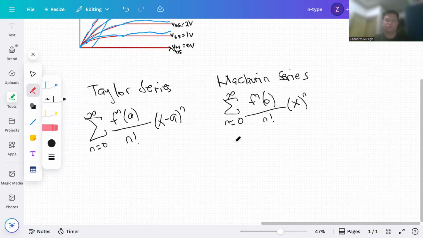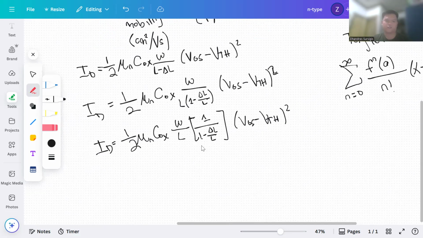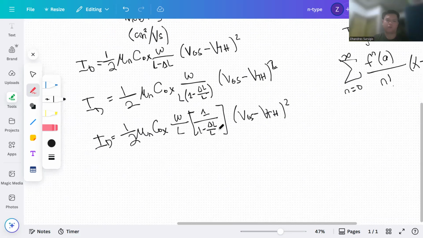So, ang gusto natin makuha is ano yung Maclaurin series approximation for this term, 1 over 1 minus x. Kasi this term looks like this, itong 1 over 1 minus delta L over L. If we just let x to be delta L over L, they are identical, right?